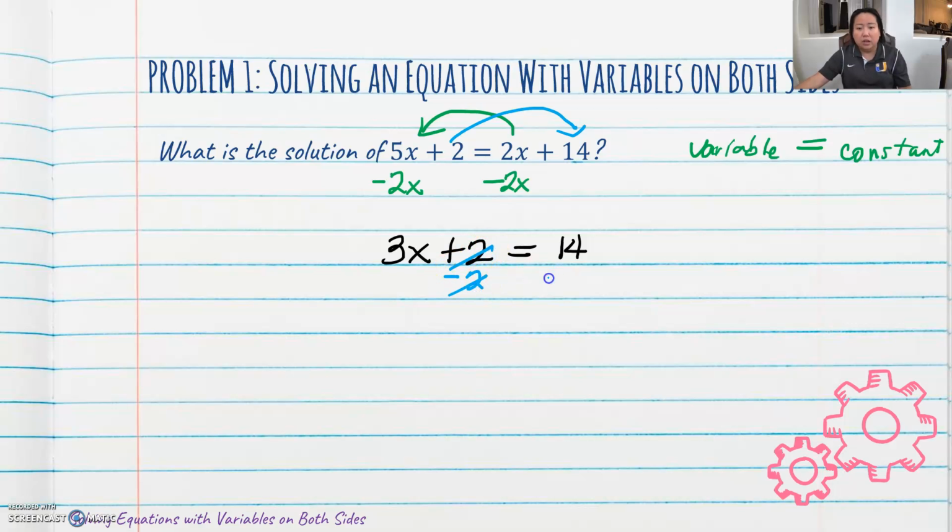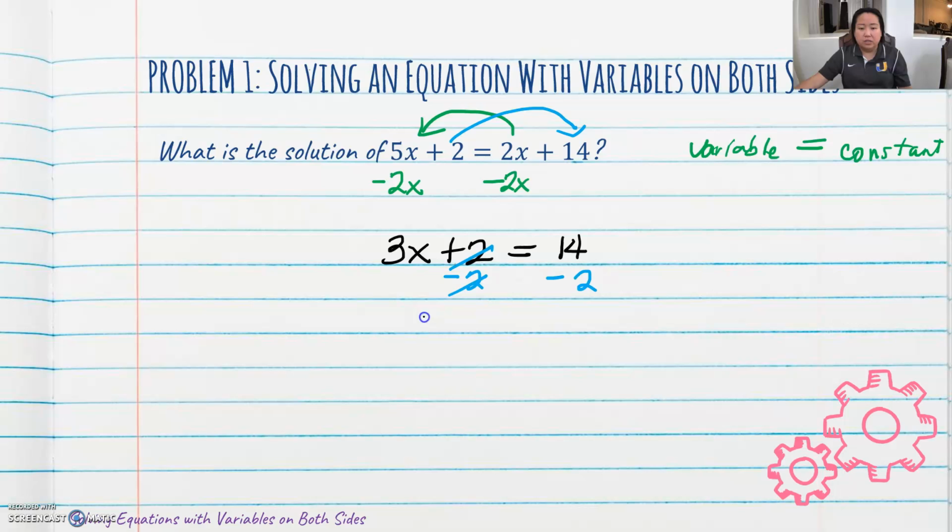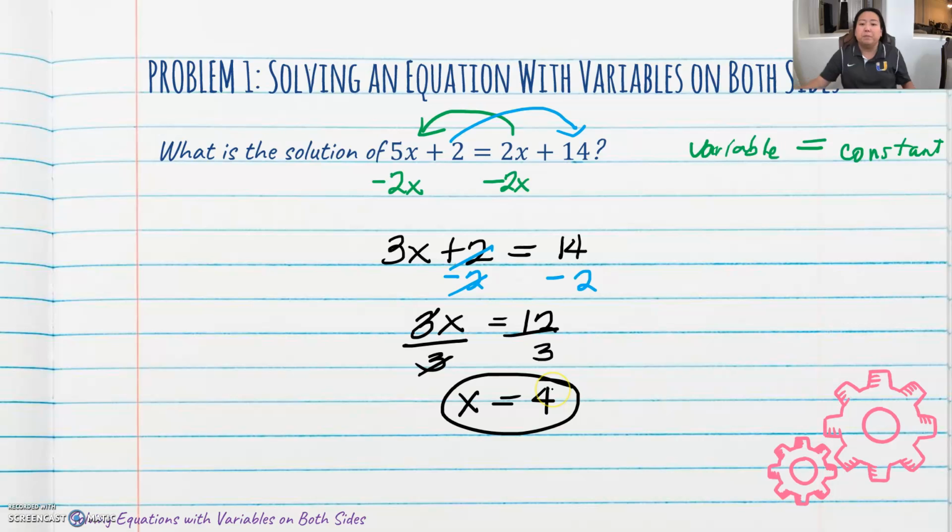So now that's gone, and this will be subtracted by 2 as well. And so what you can see here now is we have 3x on the left side of the equation, and 14 minus 2 is now going to be equal to 12. Our last operation to do: this is 3 times x, so we divide by 3. We divide by 3, and so x is now equal to 4.